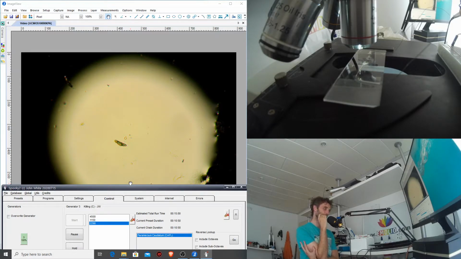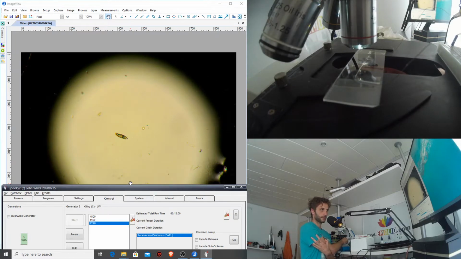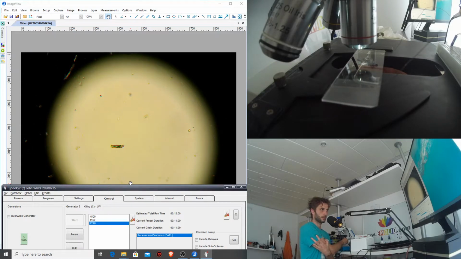But still not that much. Yeah, it's moving, but not as it should move. So we are now almost at the end of this 15 minute program. I think this would be enough.